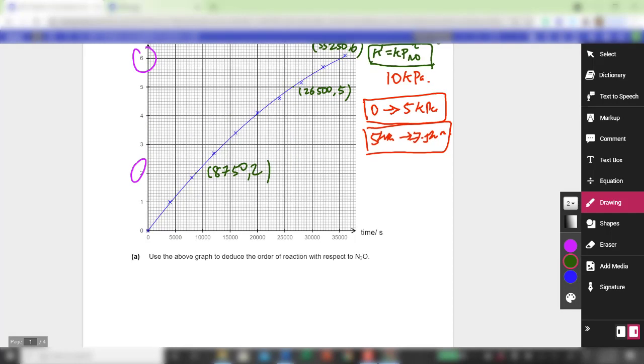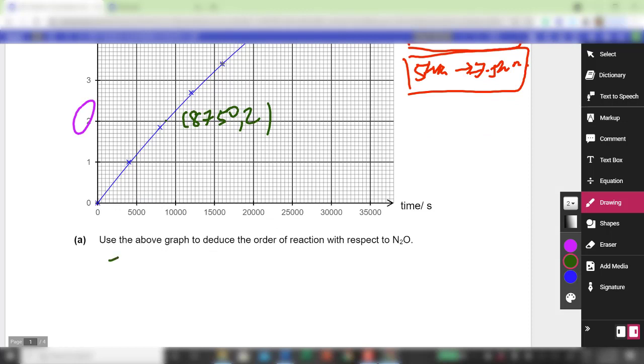Can we do a quick calculation to get the T half? T half from 0 to 5 kPa is 26,500 seconds.